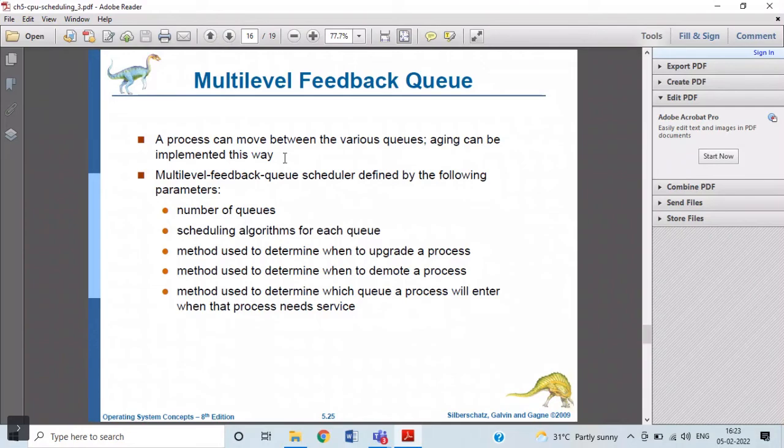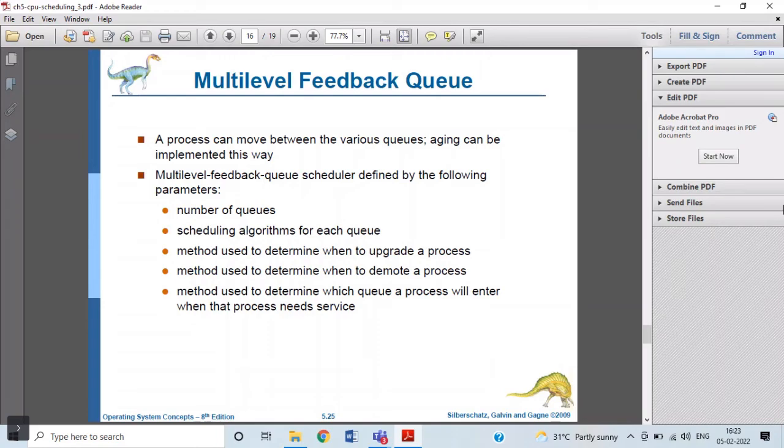In the previous scheduling algorithm, what I told you, a highest priority process cannot be changed to the lowest priority, and the lowest priority cannot be changed to a highest priority process. But here, in the multi-level feedback queue, we can change the priority of a process. That's why that is called aging, no? As I already told you.